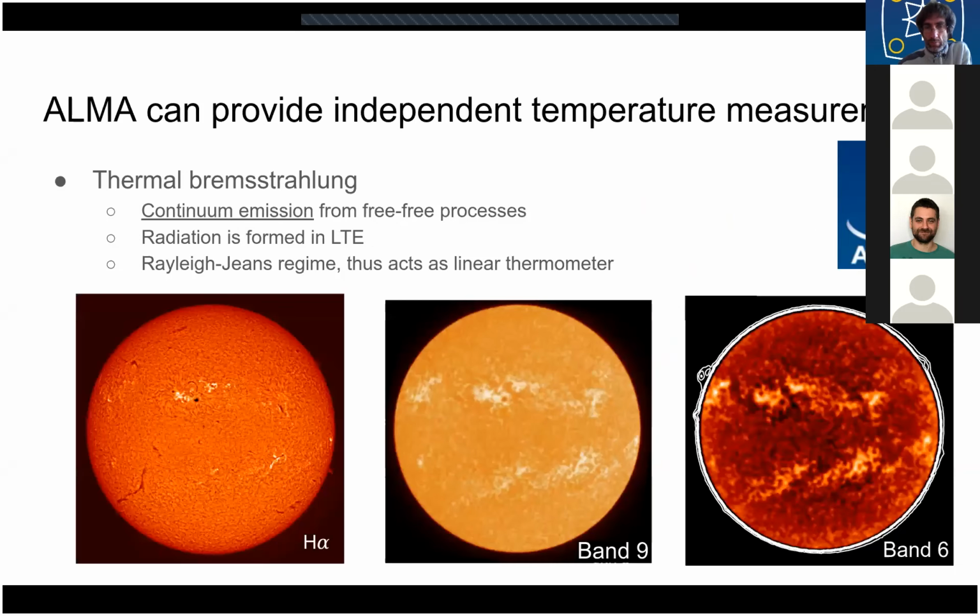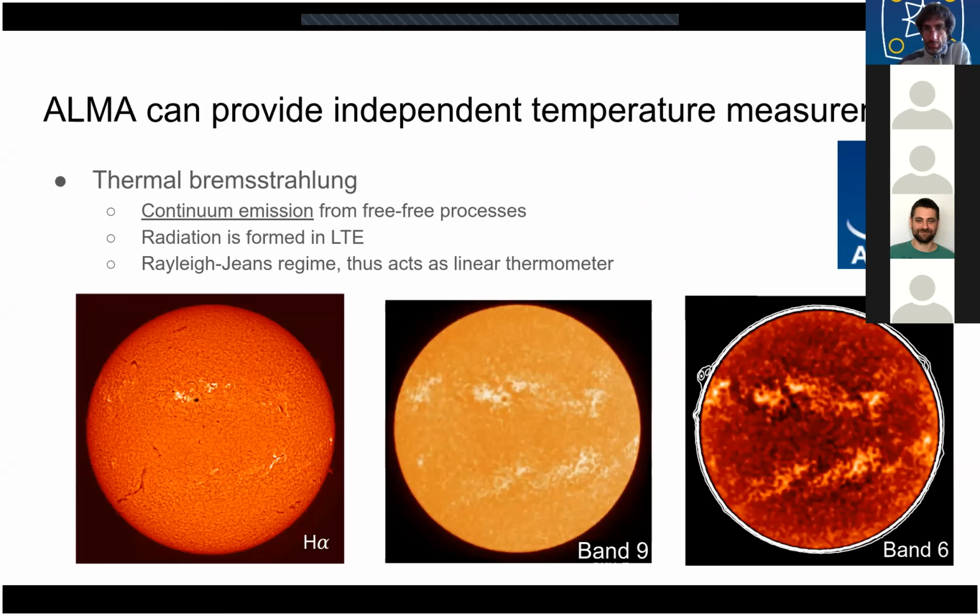Now, where ALMA comes in is that we can use ALMA observations to directly measure the temperature of the chromosphere without having to worry about doing inversions, theoretically. So what we're looking at here is the millimeter continuum. So no lines involved, just the continuum. And it's formed from what's called thermal Bremsstrahlung.